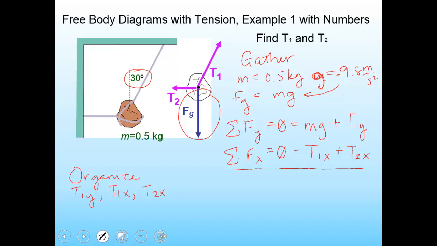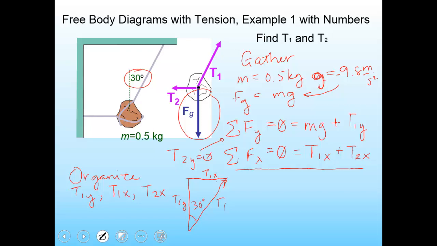We know that in this case T2y equals 0, so we didn't include it originally. So let's draw a picture and break down the T1 tension force into T1y and T1x. We have an angle here of 30 degrees.